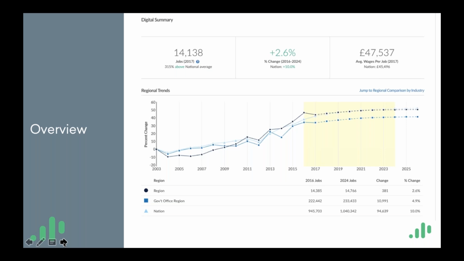It gives a snapshot and an overview of the industry and where it's going. In the top right hand corner, you've also got the average wages, and a comparison to the national average wage, so slightly higher in this region than it is nationally.